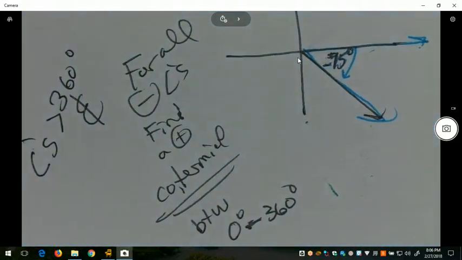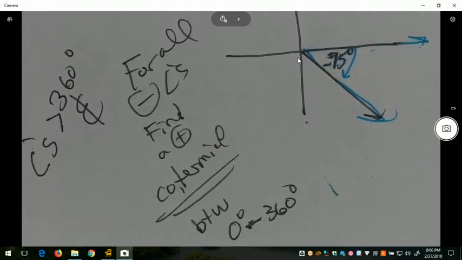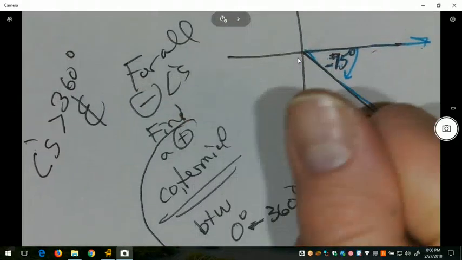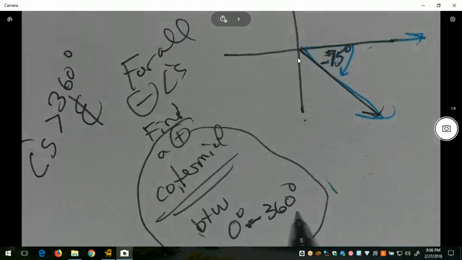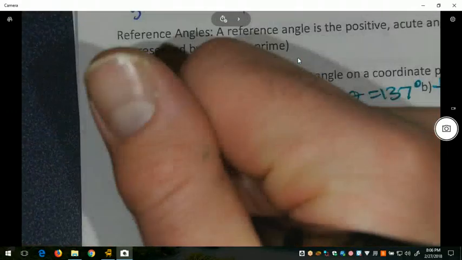If I had a 370 degree angle, I would have to find its coterminal angle before I could start doing what we've just done with quadrants 2, 3, and 4 to find the reference angle. So you need to make sure you have a positive coterminal angle between 0 degrees and 360 degrees before you can even begin finding the reference angle.